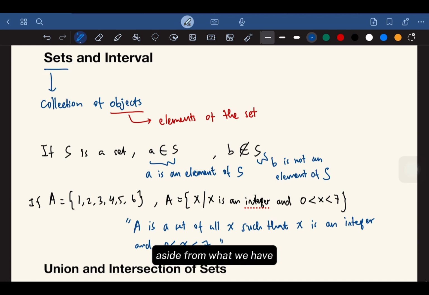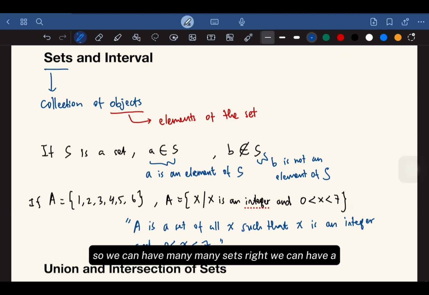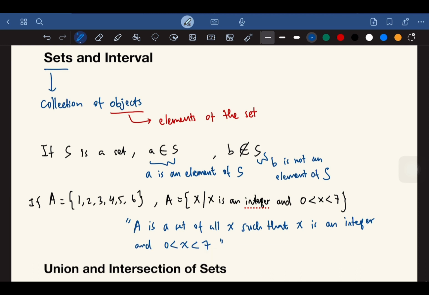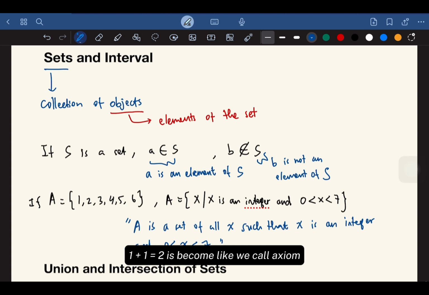Aside from sets and intervals, we could also take them with the union or intersection. So we can have many sets, right? We can have A, B, C, D, or any variables or symbols you want. And you could say numbers are like symbols, right? And of course, we say 1 plus 1 equals 2.